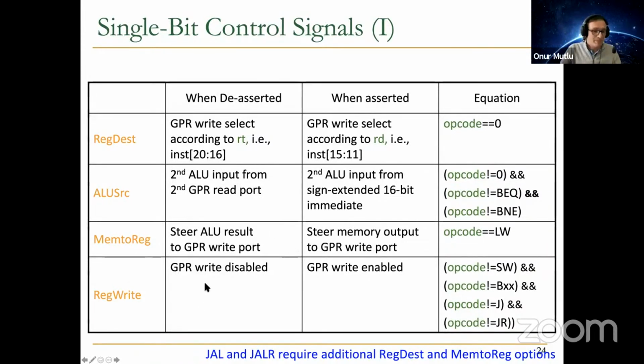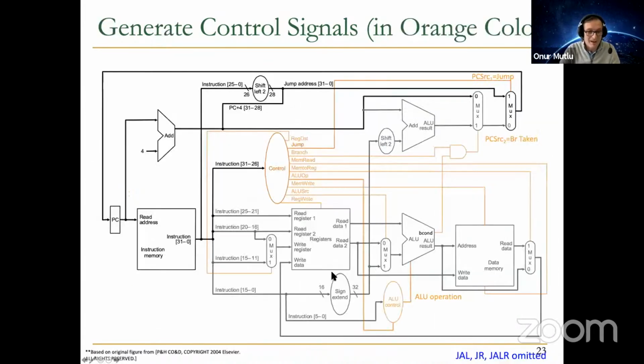I'm not going to go through all of them, but a register write is an interesting example. Clearly, it's simple. So if deasserted, you don't write to a register. If it's asserted, you write to a register. Clearly, you need to find out which instructions write to a register, and if the instructions write to a register, then you need to assert the signal. Okay, so reg-write is controlling whether you write to the destination register.